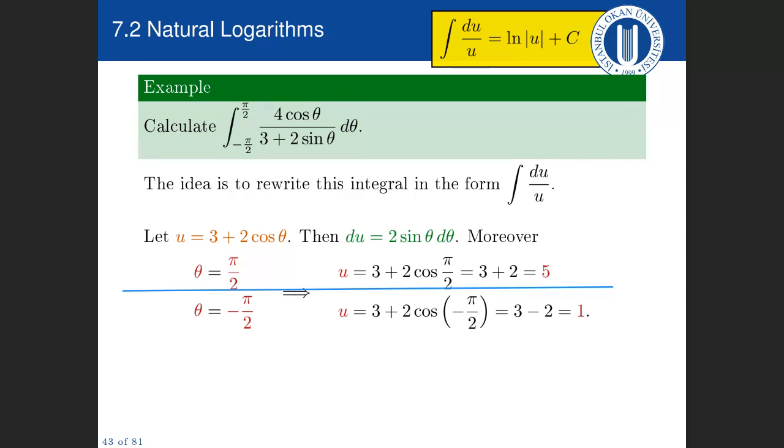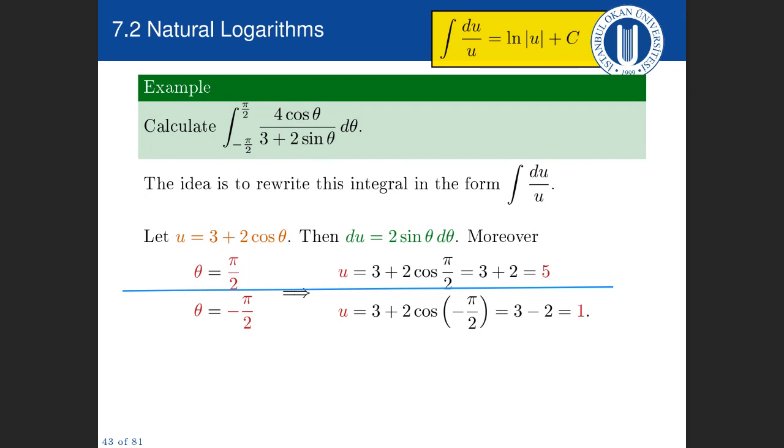First of all, if theta is equal to pi over 2, then u is 3 plus 2 cos pi over 2. Cos pi over 2 is equal to... there's a mistake here, of course. What am I doing?